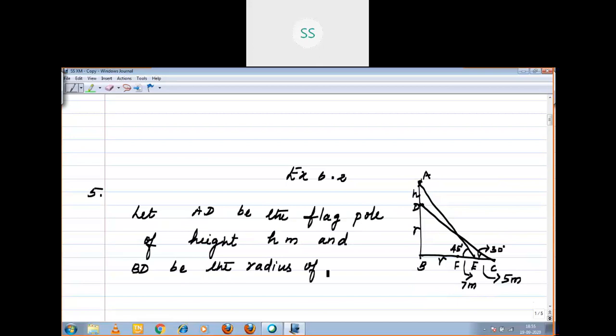Radius of the dome. BF is also radius of the dome because this is the end point of the dome.